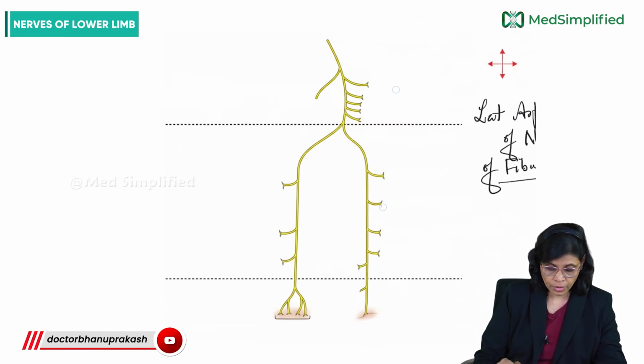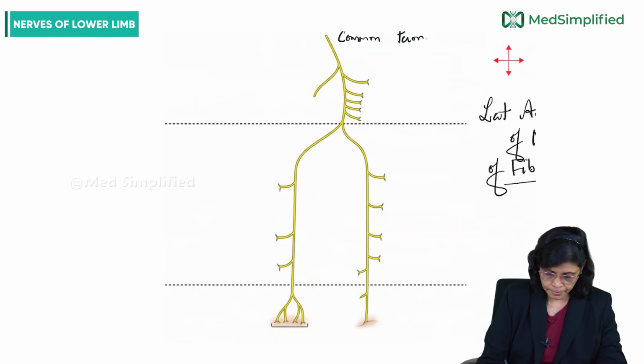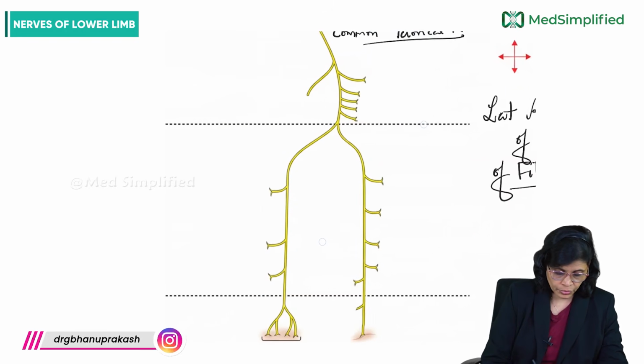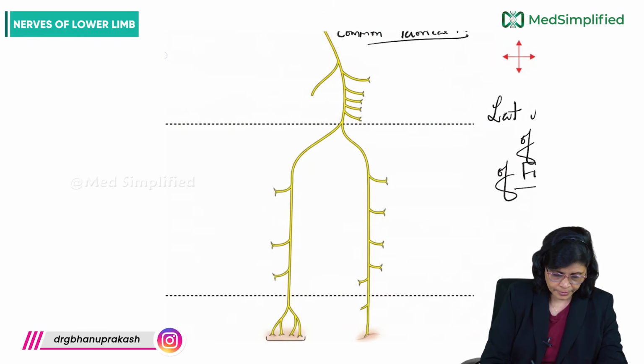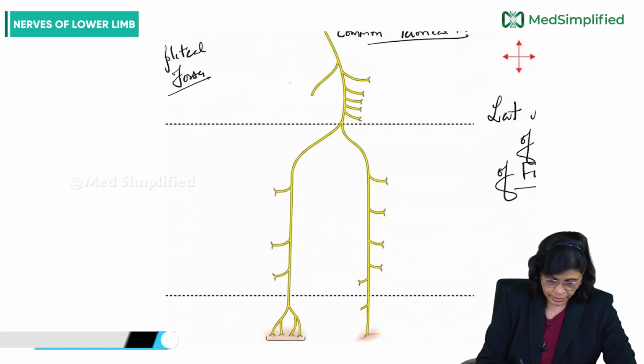So this is the common peroneal nerve. In the popliteal fossa, it will give a sural communicating branch.